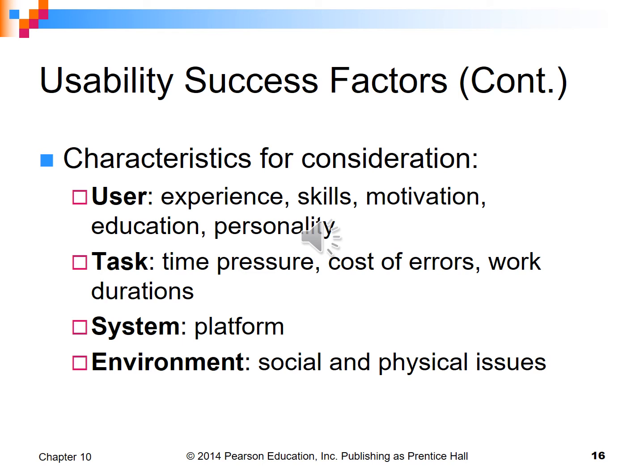System: the platform, standard considerations. Environment: social and physical issues. All these, I think you should consider to be successful. You want to see who the users are: sometimes age, the experience, the motivation for them.